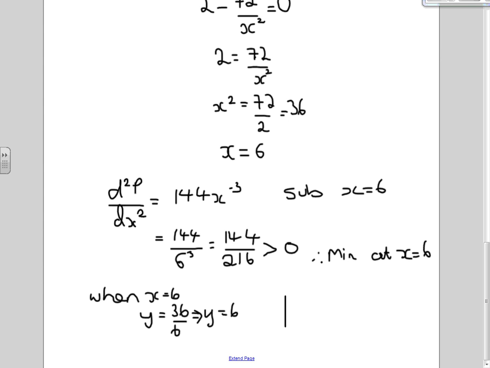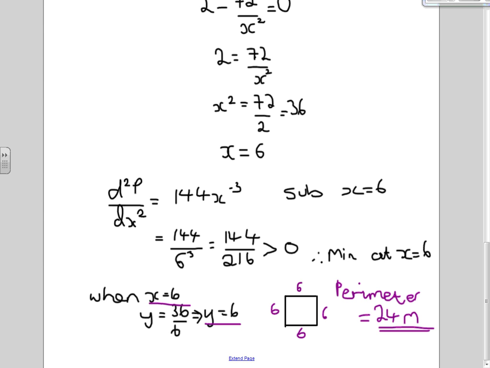So we actually end up with a square which has sides x of 6 and y of 6. So 6 by 6 square. So that would give us an area of 36 metres squared. But what perimeter do we get? So that would be 4 times 6, which gives us a perimeter of 24 metres in this case.